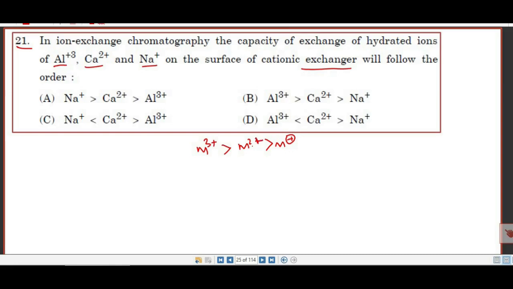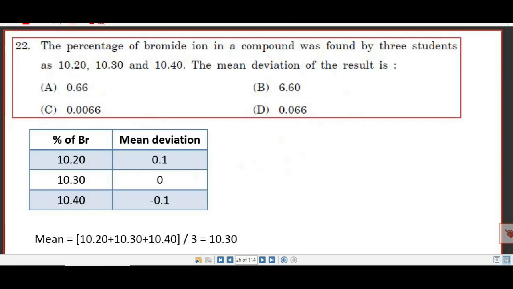This is exchange capacity. Exchange capacity is more for a compound having a greater positive charge. Hence here Al3+ is greater than Ca2+ is greater than Na+. Hence answer option B is correct.